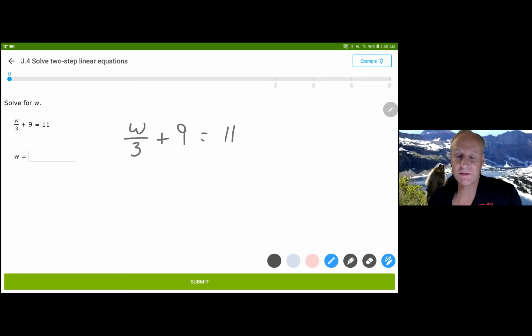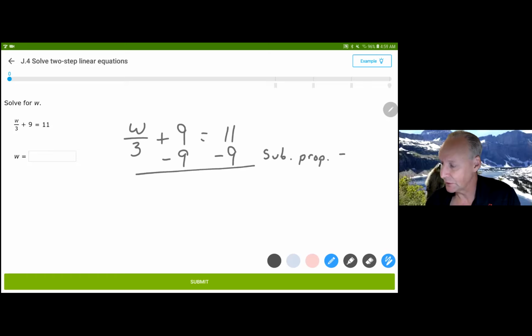We did the socks, then the shoes, and then when we undo them, we take the shoes off first. So subtract the 9 from both sides. I have to do whatever I do to both sides so that my equation stays balanced. This is called the subtraction property of equality. And that's my short version of that.